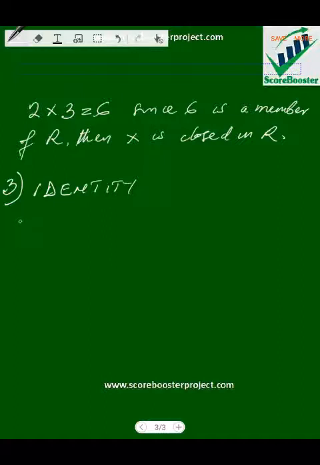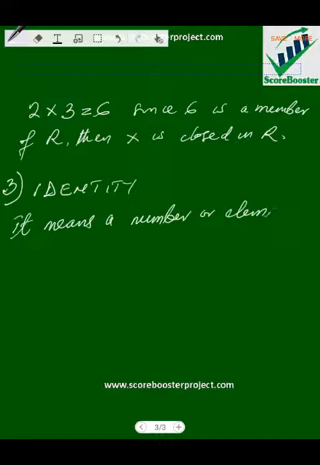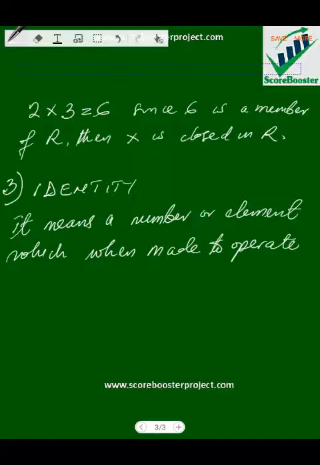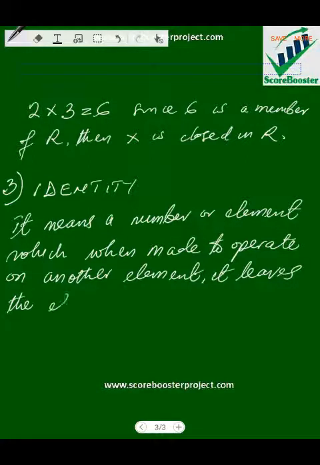In mathematics, identity means a number or an element which, when made to operate on another element, it leaves the element unchanged.